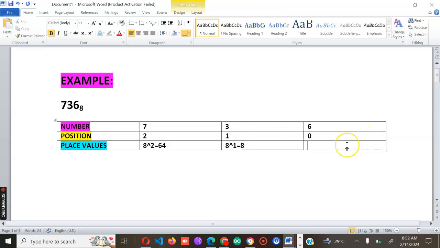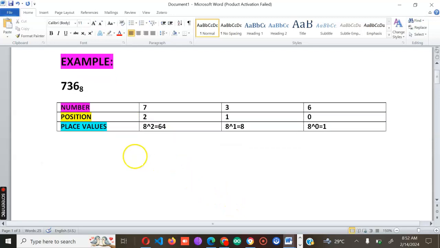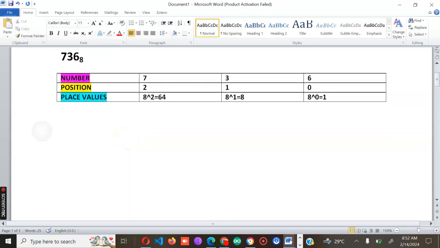And lastly, we have 8 raised to power 0, which is 1. Having done that, move to the next part, which is to multiply the place value with the numbers.